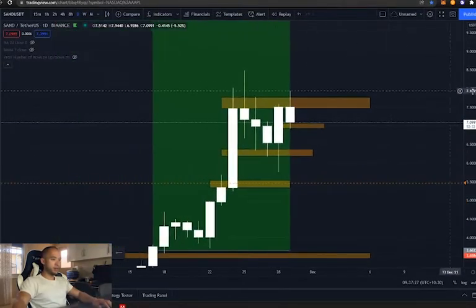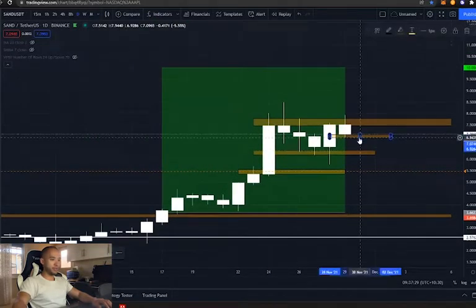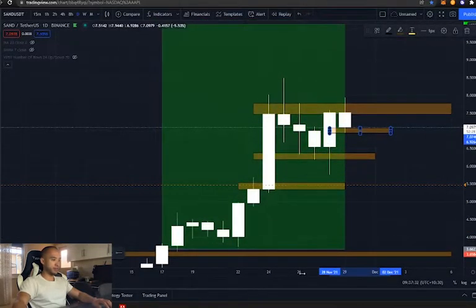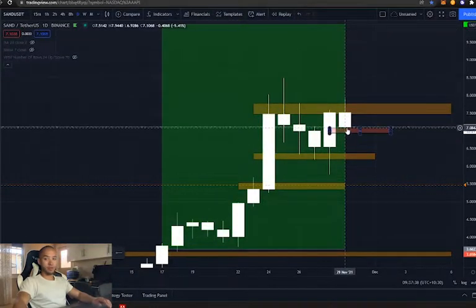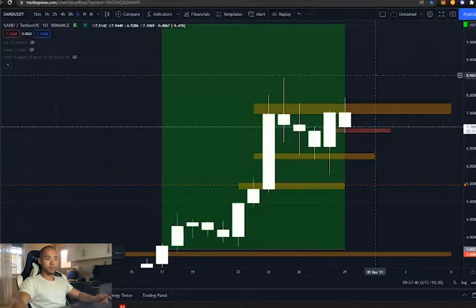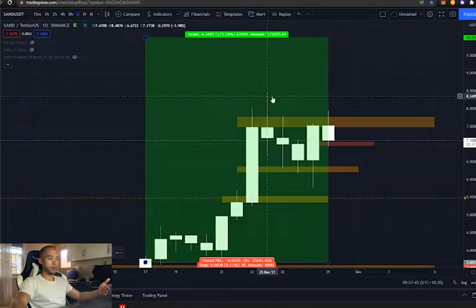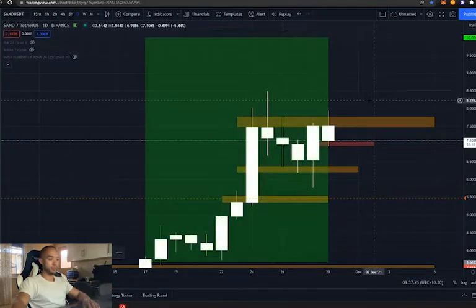If we see a strong rejection of this area, which I will highlight in a different color to indicate that this is where the most volume is, so I'll put it in red, if we see a bounce or a strong close above this on the daily, then more than likely we're going to see a break of the all-time high, and we're going into price discovery.